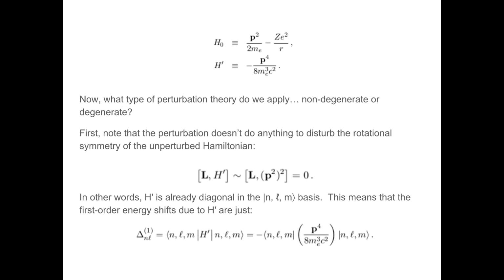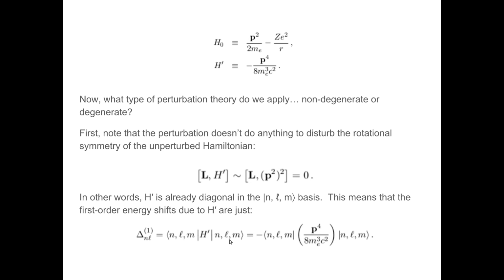Okay. So what that means is that the perturbation is already diagonal in the unperturbed basis. Okay, so that means that we have no off-diagonal terms, right? So we're free to just use normal non-degenerate perturbation theory, even though these states are highly degenerate.